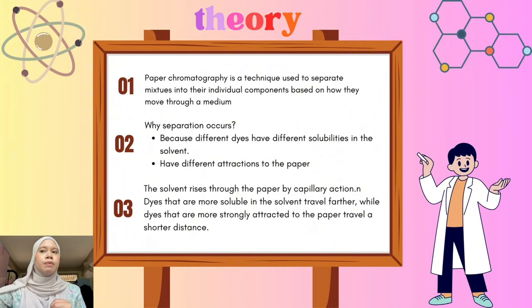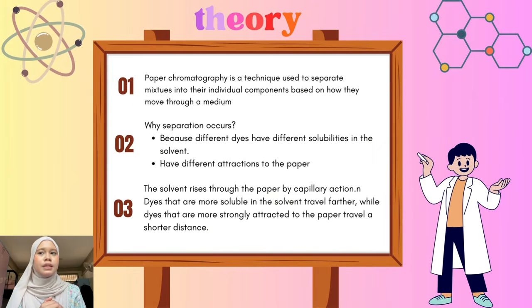When the bottom of the paper is placed in the solvent, the solvent rises upwards through the paper by capillary action. As the solvent moves upward, it carries the dye molecules with it. Dyes that are soluble in the solvent and have a weaker attraction to the paper will travel farther up the paper. On the other hand, dyes that are less soluble or more strongly attracted to the paper will move more slowly and travel a shorter distance.